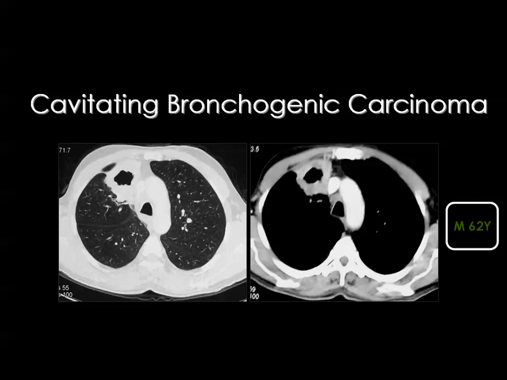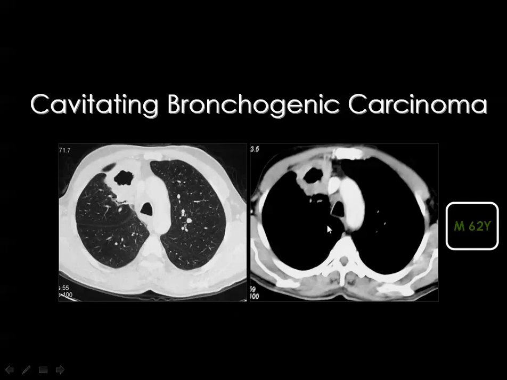This means that the bronchogenic carcinoma may cavitate, and the patient may expectorate the shreds of the tumor, and you are left with a cavity with thick margin. And the difference between this cavity and the lung abscess is that the inner wall of the bronchogenic carcinoma is extremely irregular, while the inner wall of an abscess is smooth.